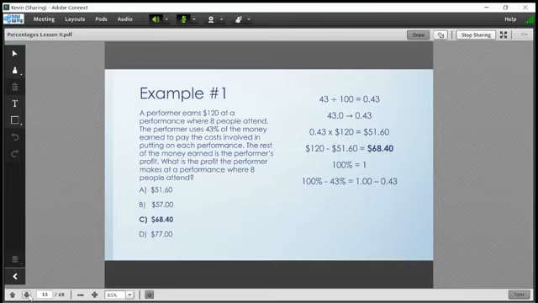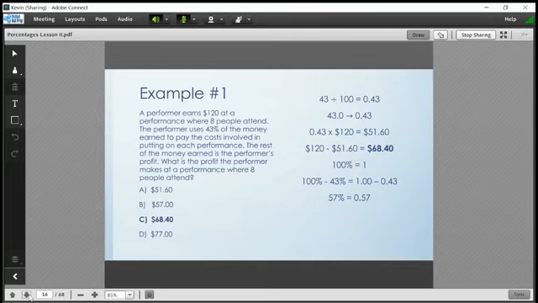Because of this, instead of doing the subtraction afterwards, I could do the subtraction in the beginning. I could take that 100% and subtract the 43%, which would be the same thing as taking the 1 and subtracting the 0.43. Either way, I'm going to get 57% or 0.57.